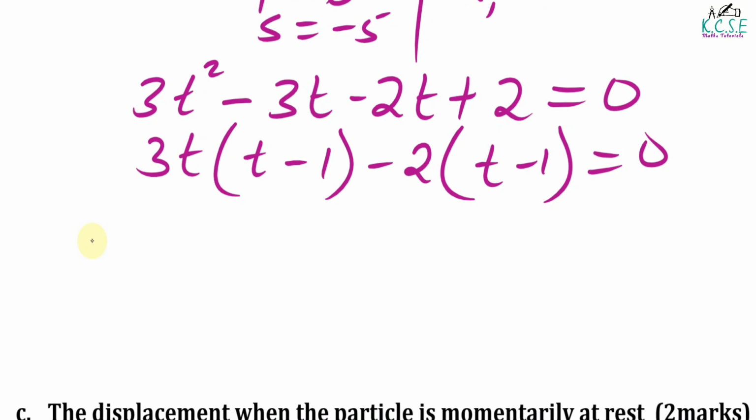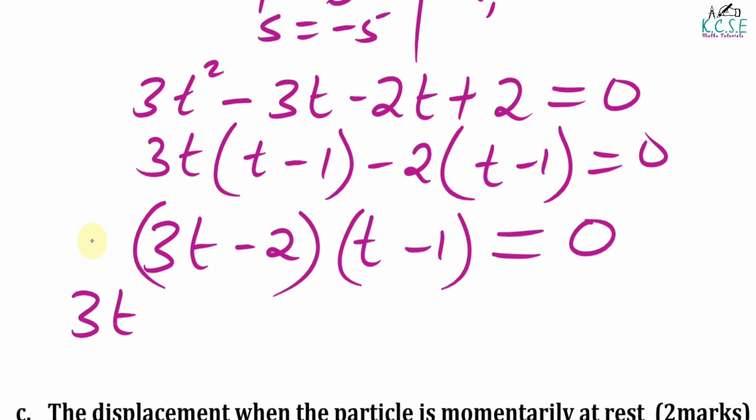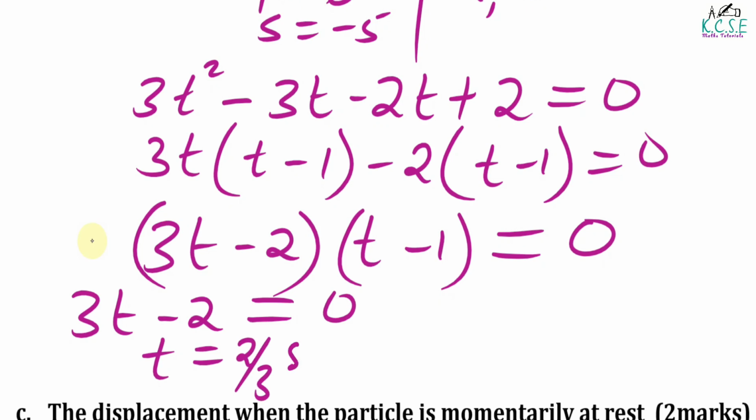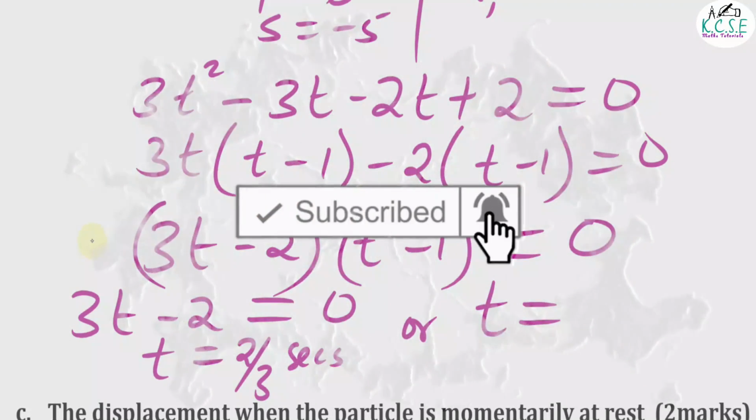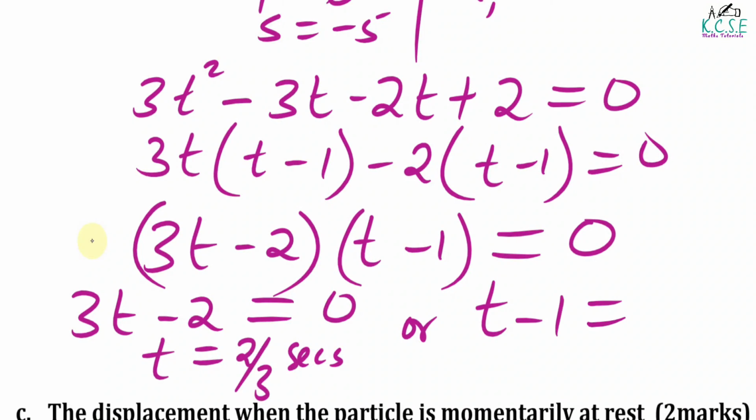So this gives 3t minus 2 times t minus 1 is equal to 0. Therefore 3t minus 2 is equal to 0, and in this case t is 2/3 seconds, or t minus 1 is equal to 0, and therefore t is 1 second.